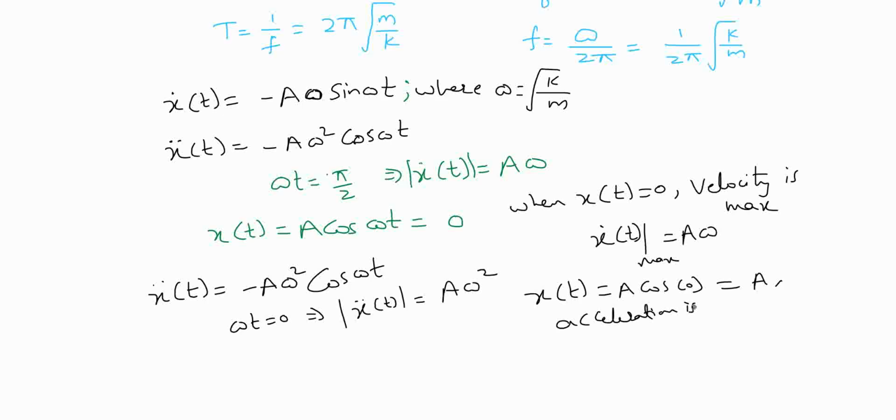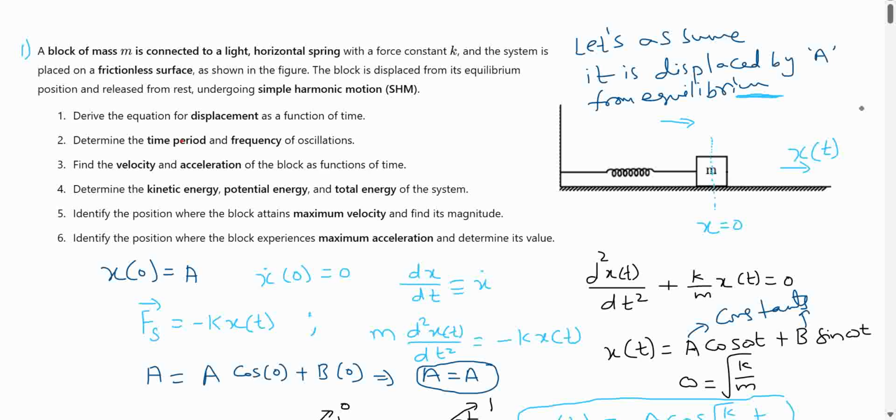So velocity is maximum at x equal to 0 and acceleration is maximum at the stretched position, to the extent where stretching is done, and that is the amplitude. So let's say that this mass will be oscillating from here to here.